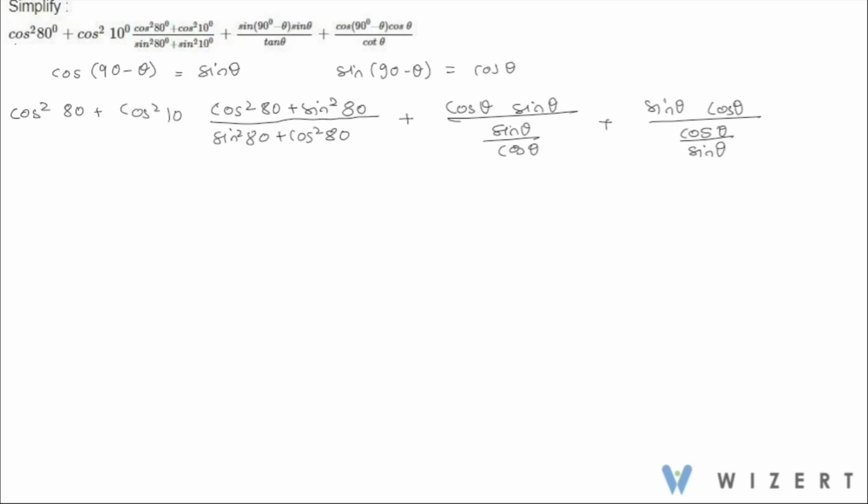Now if we look at the second term, we can simplify this as, let's see, cos square 80 plus cos square 10.